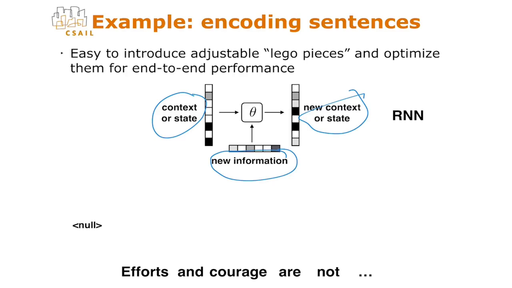And we can adjust the parameters to change the behavior of this transformation. This type of transformation that has an evolving state is called a recurrent neural network.